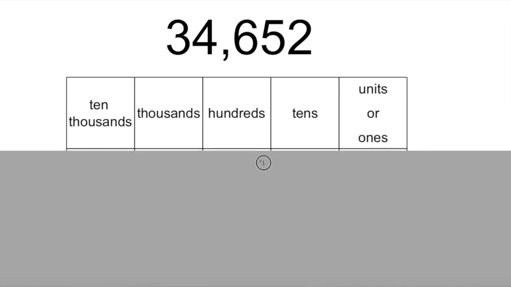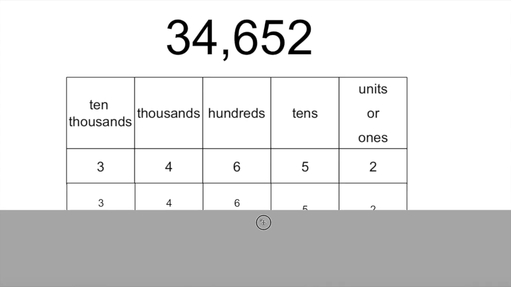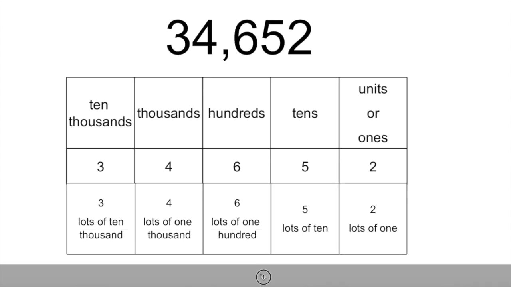We can see that the 3 is placed into the column of 10,000s, the 4 in the thousands column, the 6 in the hundreds column, the tens has a 5 in it, and the 2 goes in the units or ones column. Now each of these digits represents a particular value.